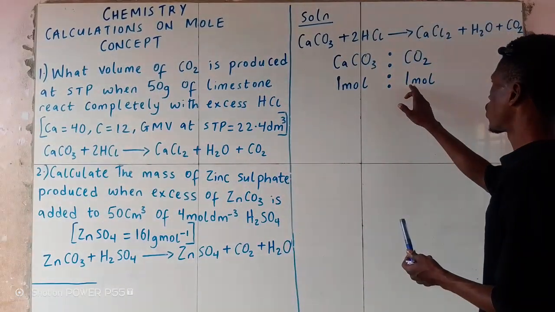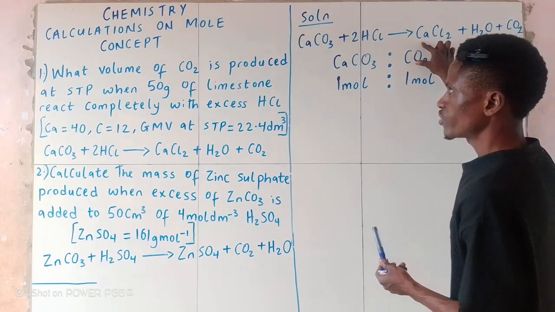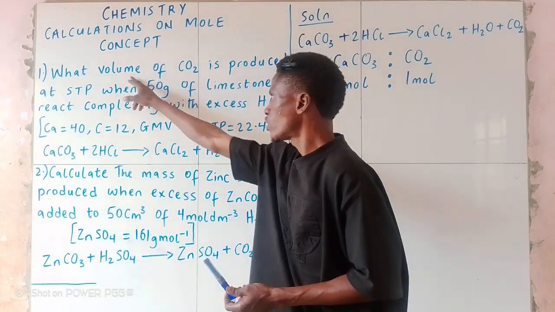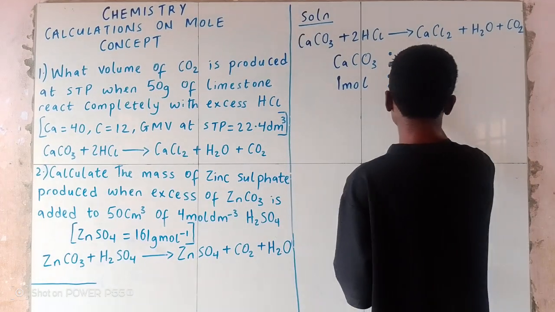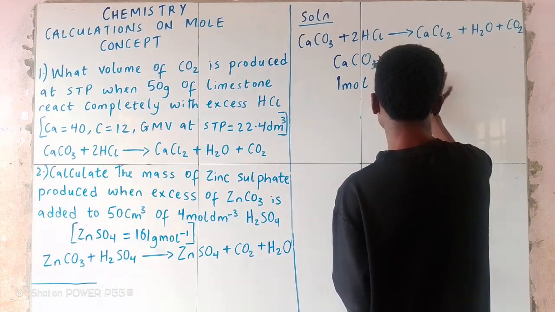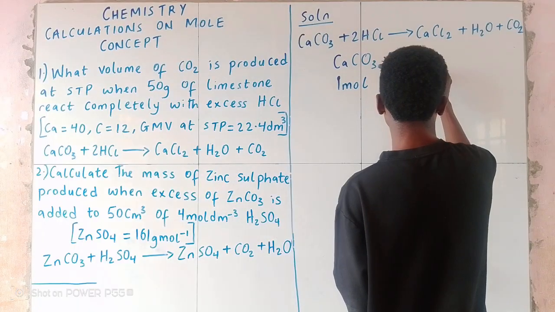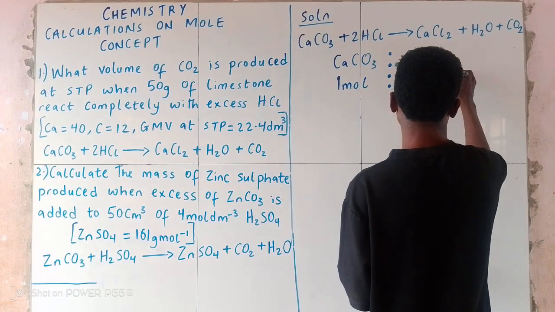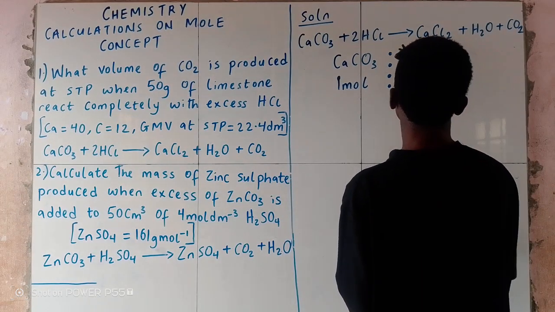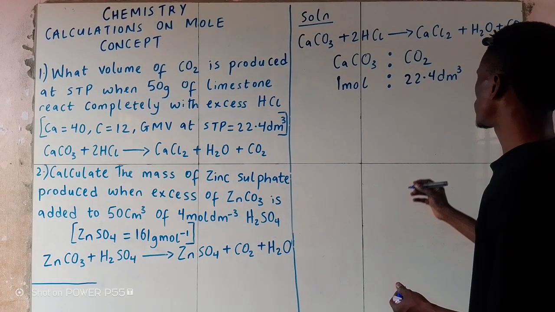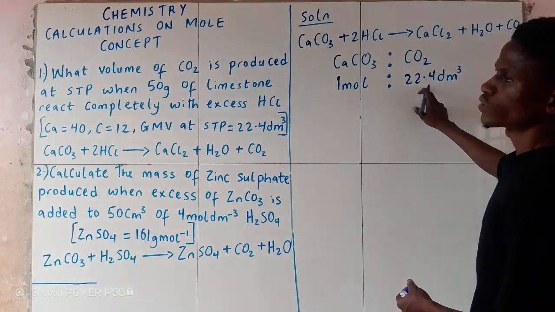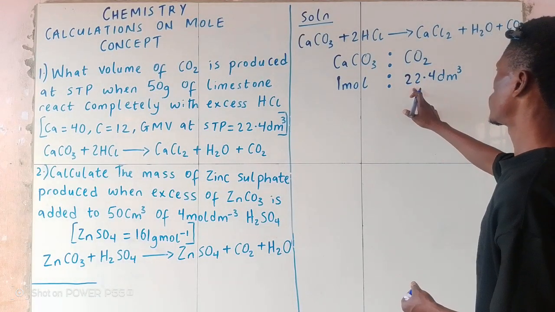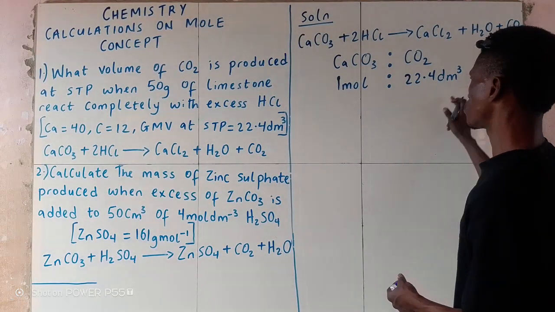So 1 mole of CO2 will occupy a volume of 22.4 dm3, because carbon dioxide is a gas. In the place of 1 mole, we have 22.4 dm3.